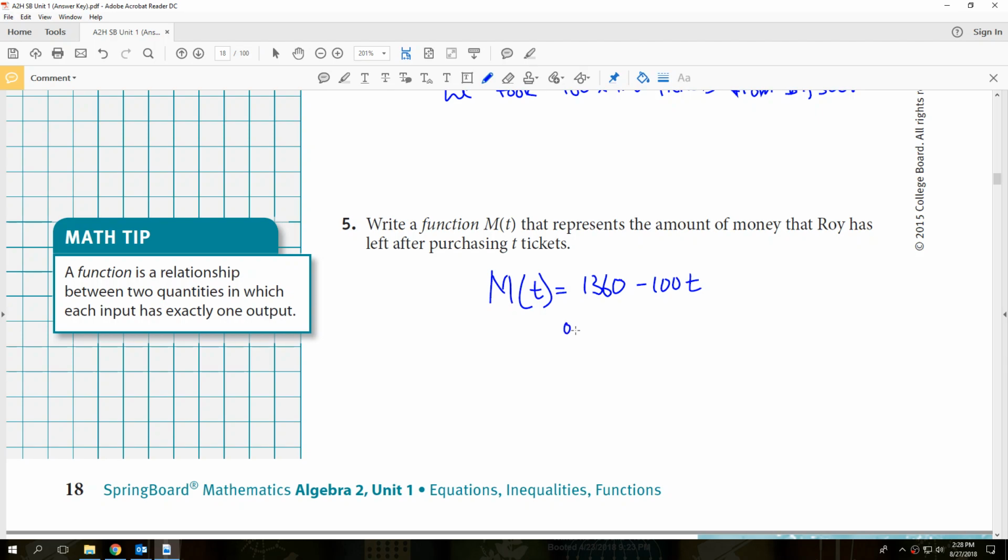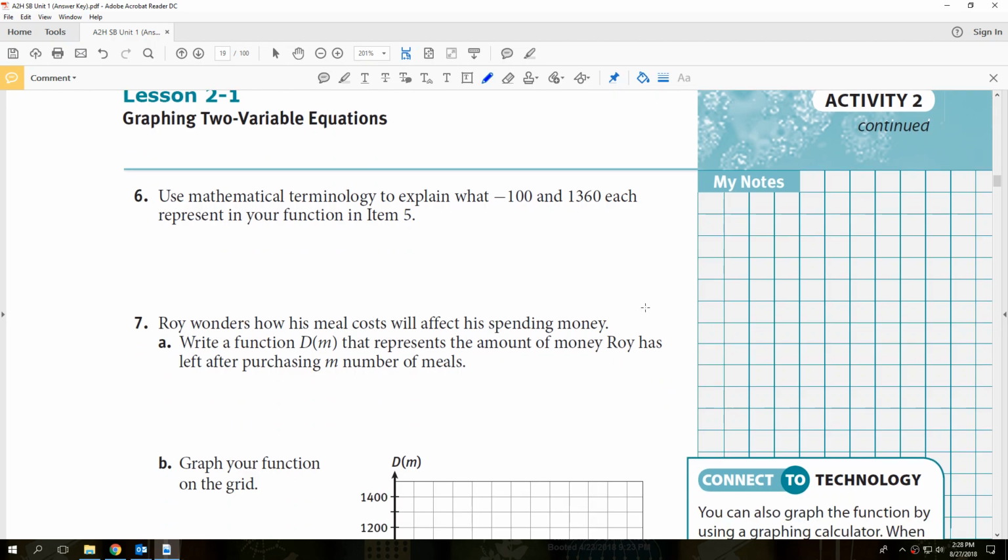Or some of you may prefer to write it going straight to slope-intercept form. You can kind of see what's coming, many of you, which you would say negative 100t plus 1360. And these are the exact same thing. We're just flipping around the 1360 and the negative 100t. All right, let's continue on.